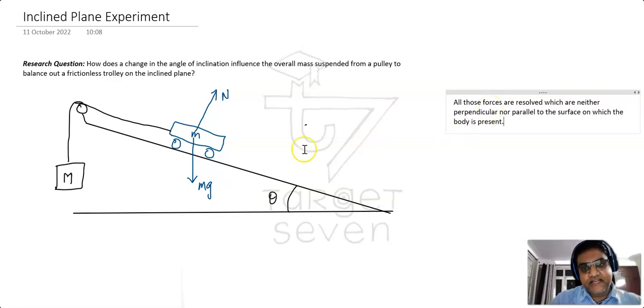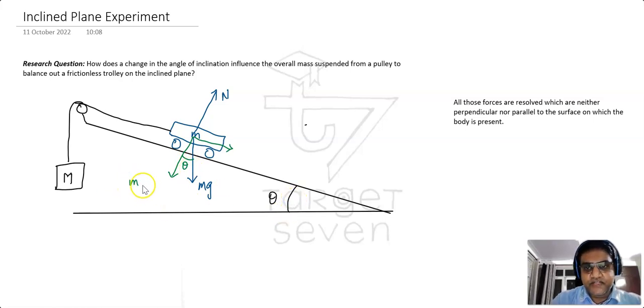It's quite obvious that mg is the force which is neither parallel nor perpendicular to the surface on which the body is present. So when I resolve this mg into its components, I would have one which is perpendicular to the surface and the other which is parallel to the surface. Simple math would give us that this particular angle here would be theta, the same as the angle of inclination.